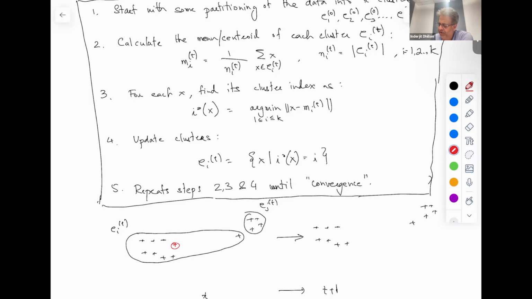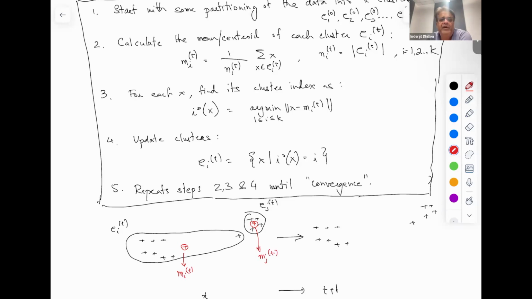Maybe it's a little bit over here, since it's the average of all the points in this cluster. So this will be mi^t, and this will be mj^t.